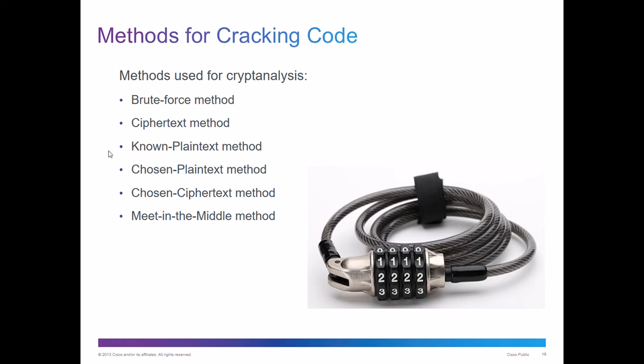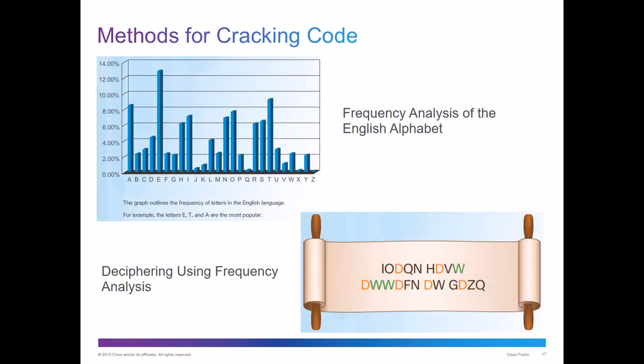We used to call it the man in the middle method. Cryptanalysis is what the NSA really looks for. They're looking for individuals that can crack codes, constantly. This is a big job. There's always a job opening at the NSA for cryptanalysis. All right, so here's a method, for example, for cracking code.